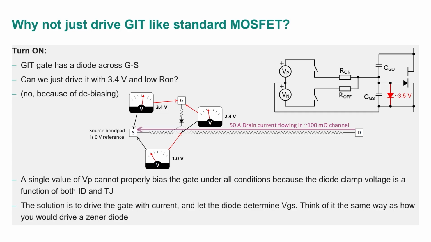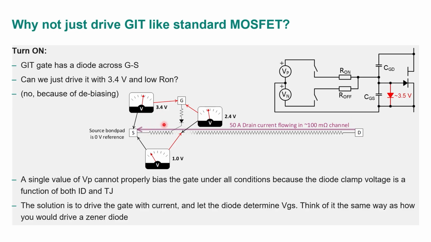So one question that comes up is, why can't I just drive the transistor like any other MOSFET with a voltage? Why do I need current? The answer is a little complicated, but let's take a look at what happens if I try to do that. Knowing that I have a diode here that's at around 3.5, what if I say, okay, I'm going to drive with 3.4 volts, and then I'm on, as close as I can get.